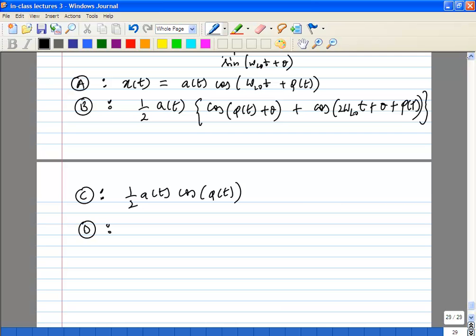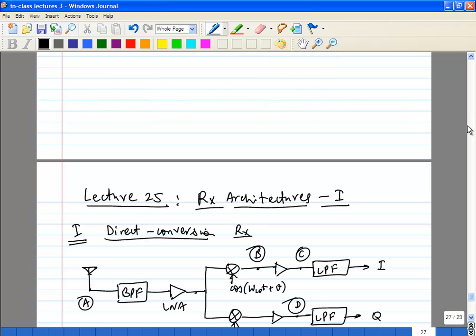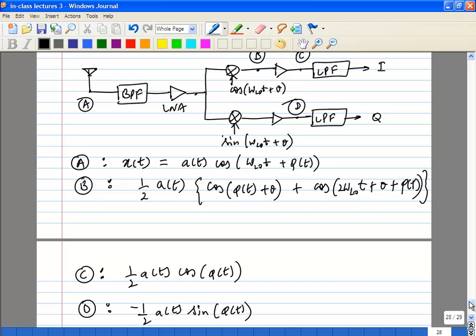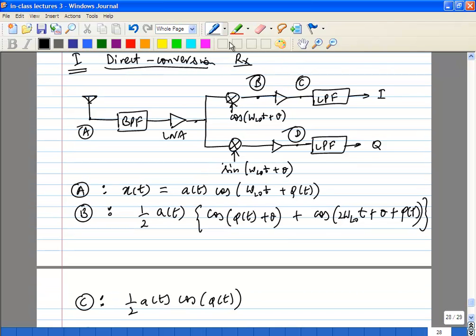Similarly at D, you'll have minus A of t. Sorry, C is C before the low pass filter. I'm sorry, that's a mistake.